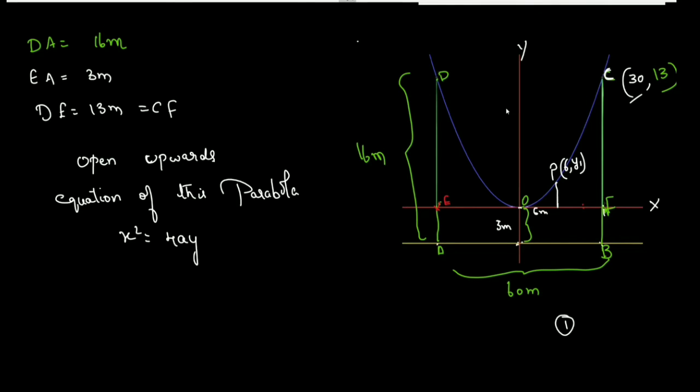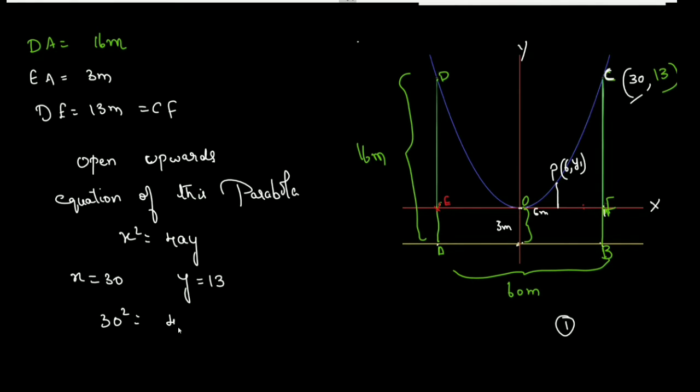To find 4a, let us substitute this point, x is 30 and y is 13. This point (30, 13) lies on this parabola. So let us substitute it here. 30 square is 4a into 13.